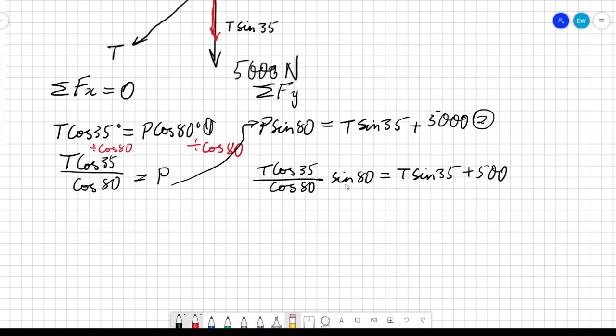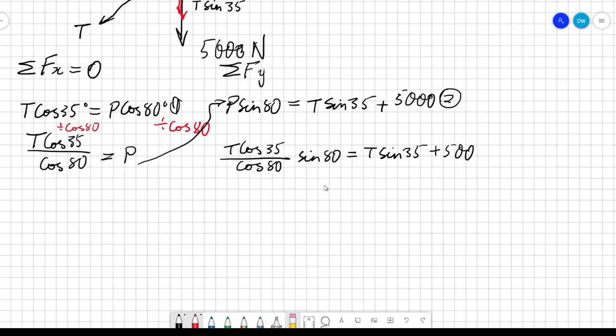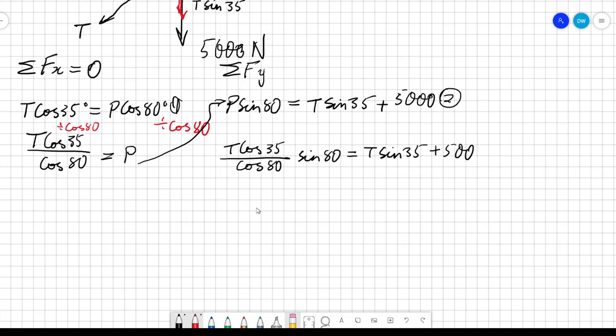As you can see here, we have sine 80 and cosine 80, isn't it? So sine divided by cosine is tangent. So we end up with t cosine 35 times tangent 80, which equals t sine 35 plus 5,000.